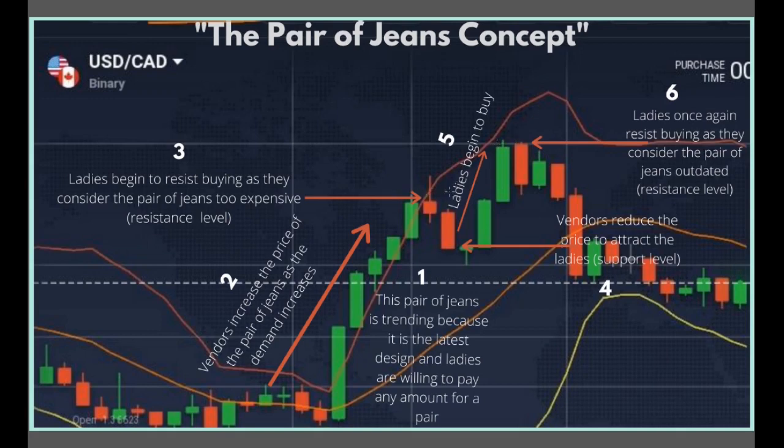The price crashed because the ladies were no longer interested. You can see the pair of jeans crashed from that level, the higher high, and went down further as the ladies were no longer interested.